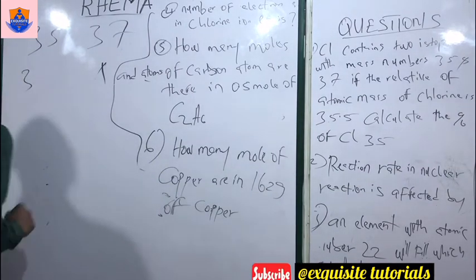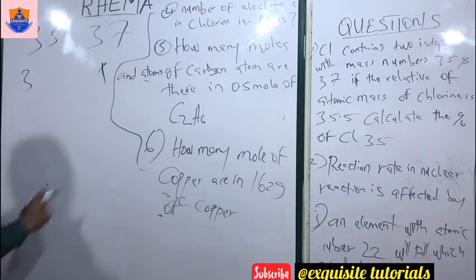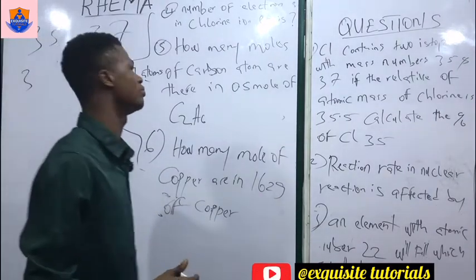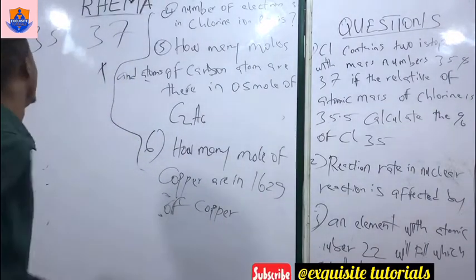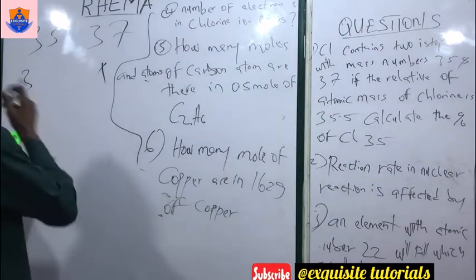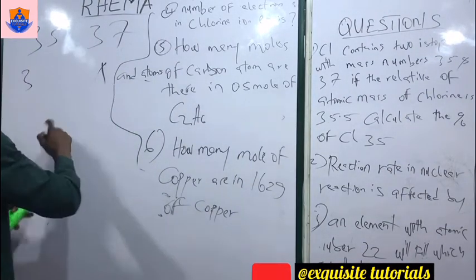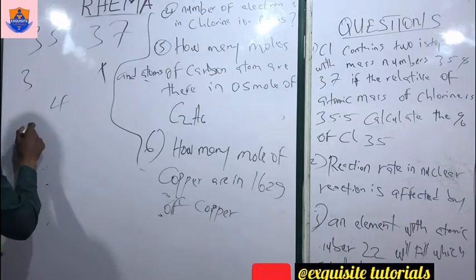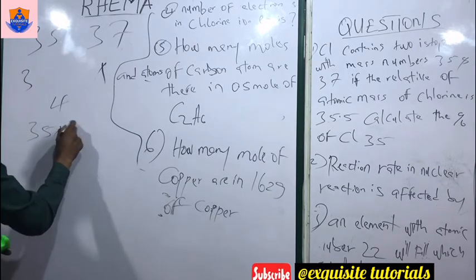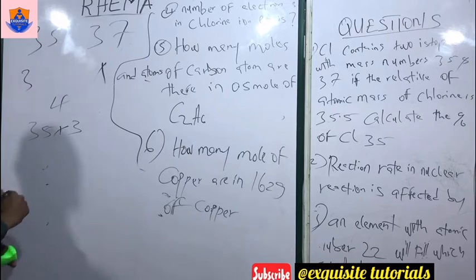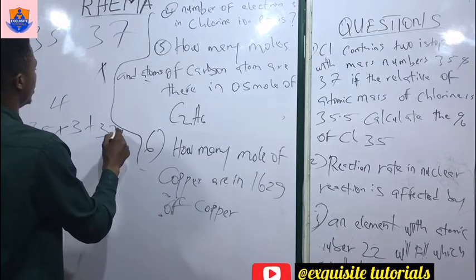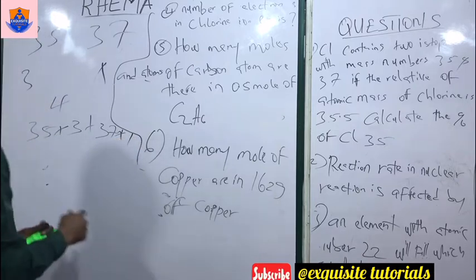Since chlorine 35 is 3 and chlorine 37 is 1, in calculating their relative atomic mass, know one thing, which means that the combined ratio is 4. So when calculating, you say 35 times 3 plus 37 times 1, which is equal to 37.